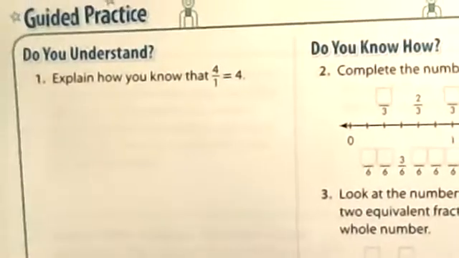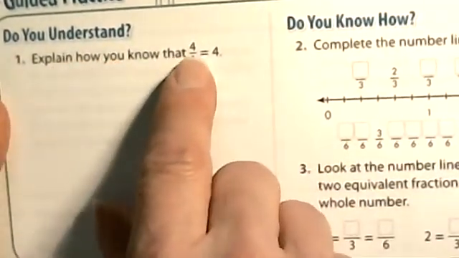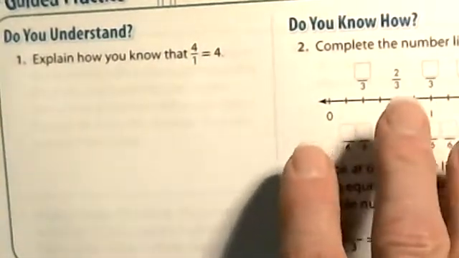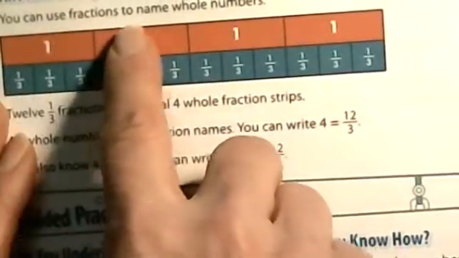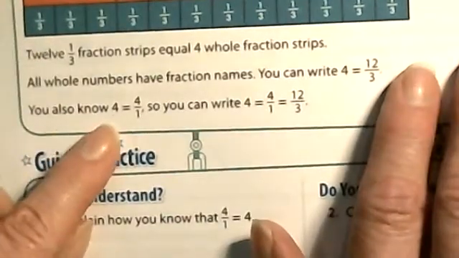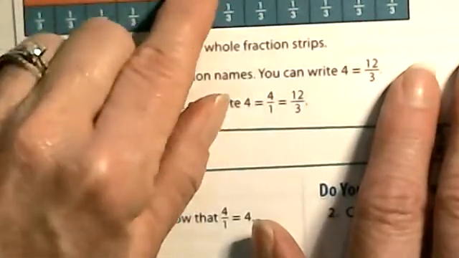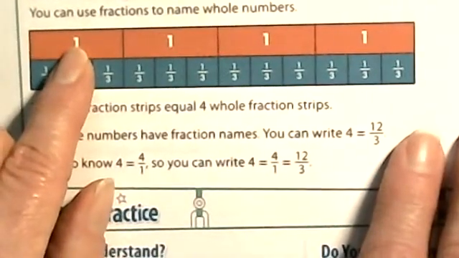All right, so let's go here. It asks you, explain how you know that 4 over 1 equals 4. So they're showing us here, remember that the numerator is telling you how many there are of something, and the denominator is telling you how many parts it's broken up into.